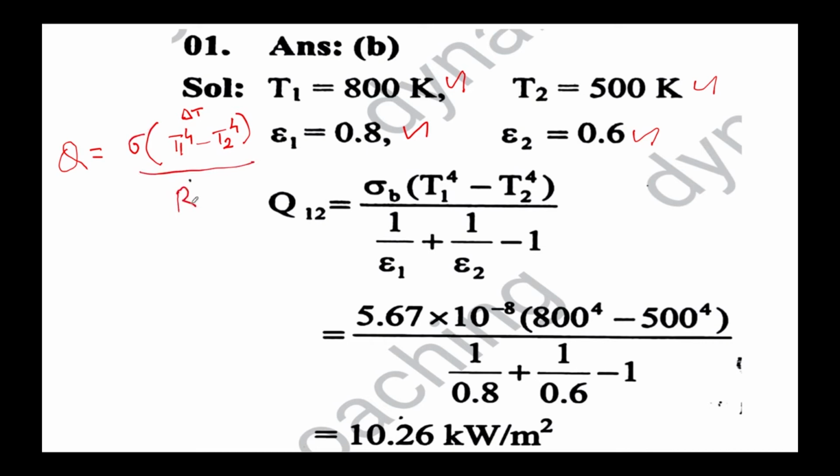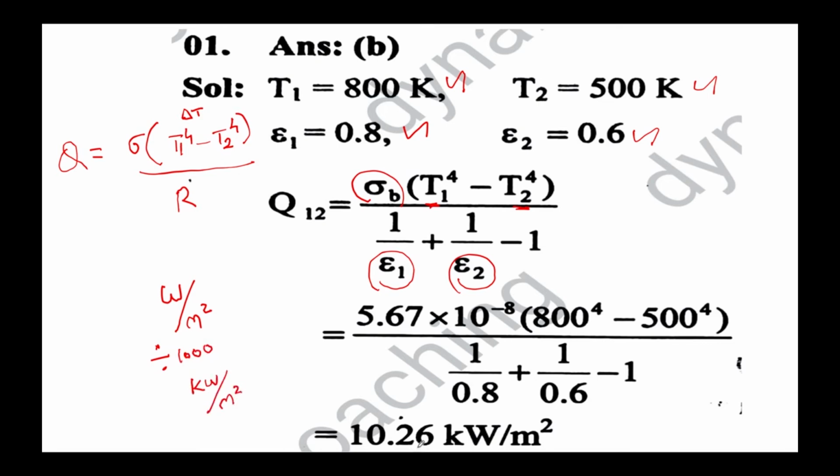In the resistance term, as I said, the shape factor won't come into play when two parallel plates interact with each other, and you can substitute the values of the emissivity of the first plate and second plate, the Stefan Boltzmann constant, and the temperatures T1 and T2, and simplify. You will get the answer in watts per meter square, and after getting this answer, divide it by 1000 to get the answer in kilowatt per meter square.